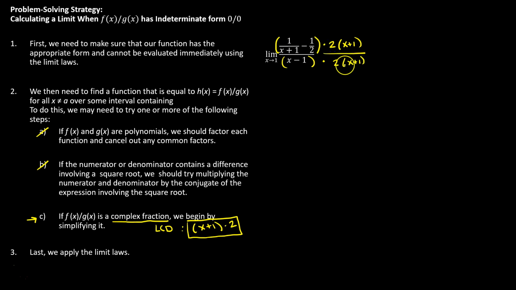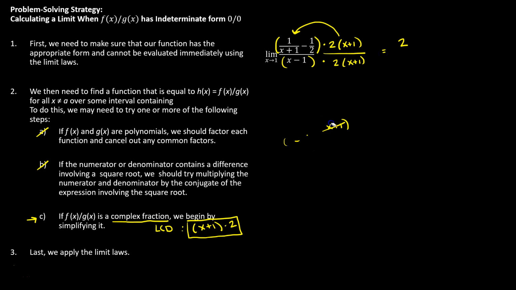Multiplying our LCD like this is going to help us simplify whatever has the extra fractions. So looking at our numerator, when I multiply the LCD to our first term, we have 1 over x plus 1 times 2 times x plus 1. The x plus 1 factors are going to reduce, leaving behind only a 2.